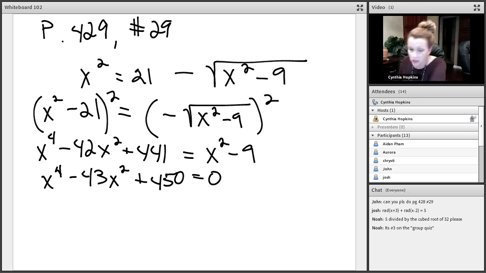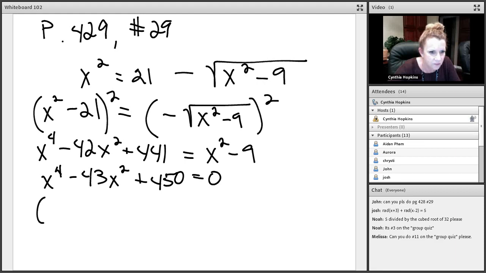Even though this is not a quadratic equation, I'm going to factor it as if it is. Let's see, I'm going to take 450 and divide it by 18. Yep, 25 and 18 add up to 43. So I'm going to put x squared here, another set of parentheses, x squared there.